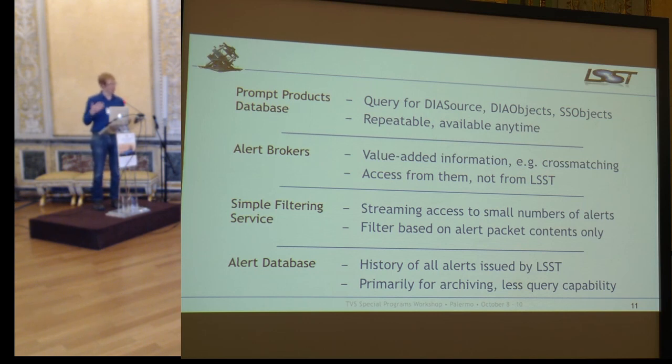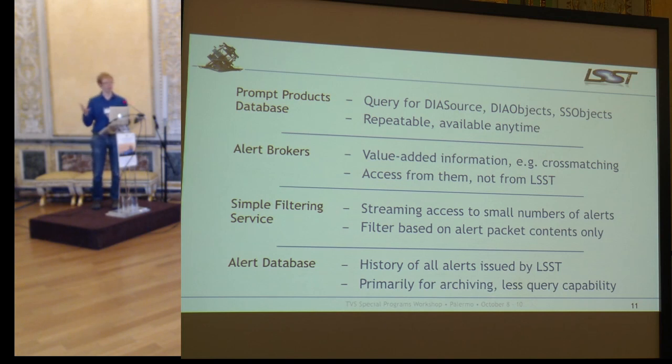There's a limit to the number of these that you can receive. It's mostly just a bandwidth limit, but we expect it to be sufficient given the number of images we're going to be taking. And lastly, in terms of where this data goes, there's also an alert database, which is mostly just a repository of the alerts themselves.